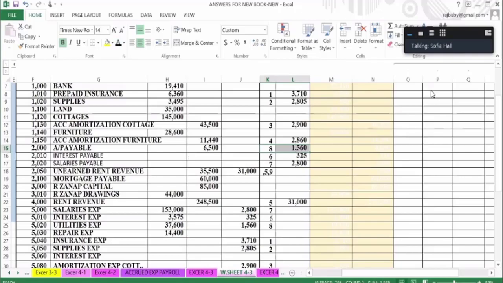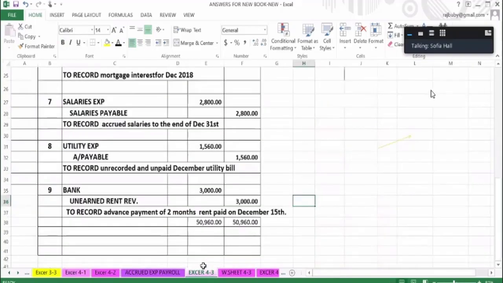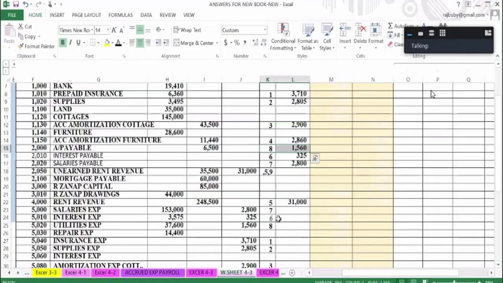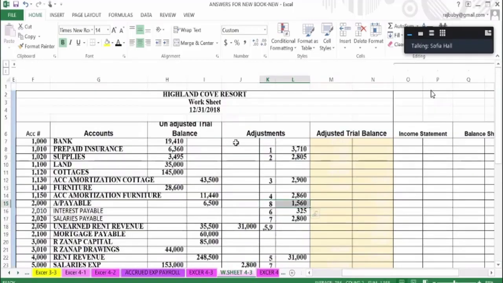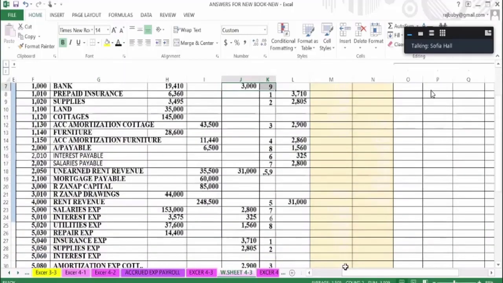Next one is the bank and unearned revenue. Bank is increasing by that amount, and unearned revenue is increasing.